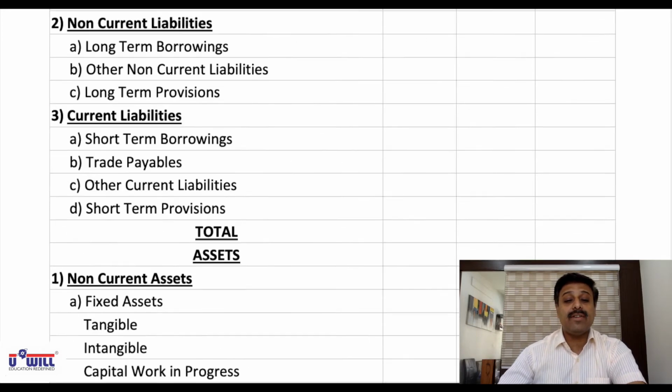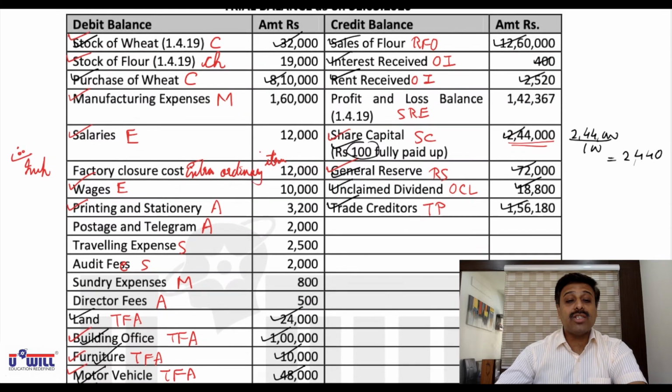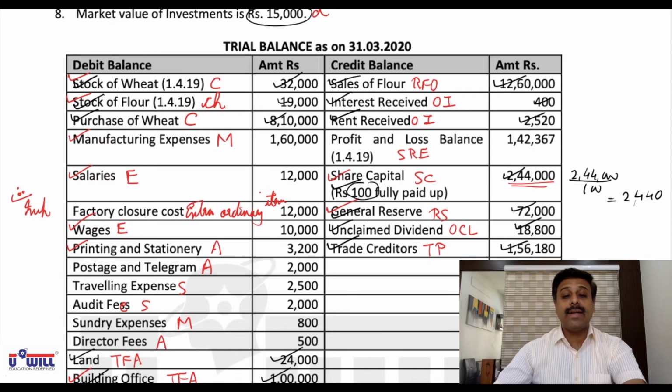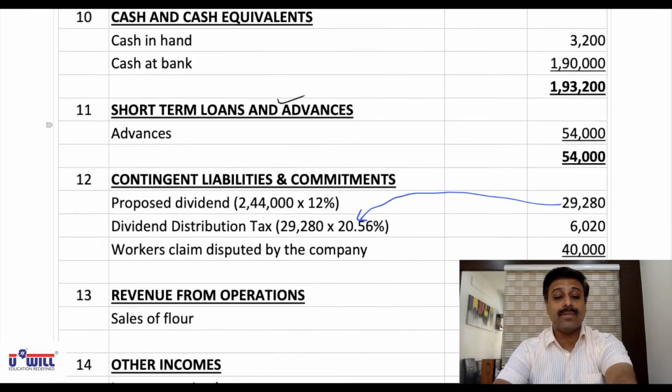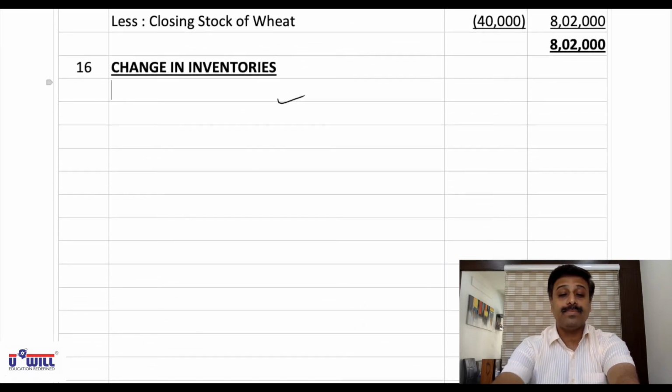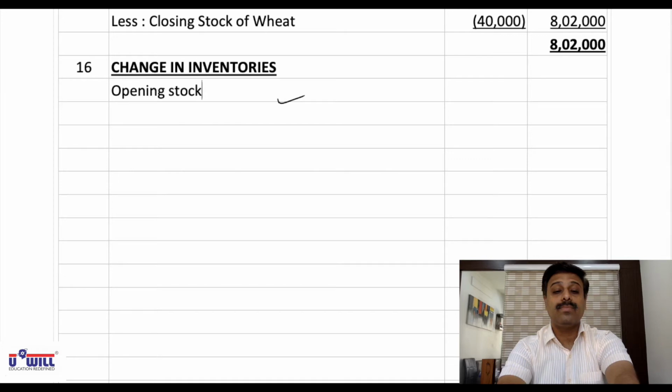So change in inventories. Now in that we will have opening stock of flour, that is 19,000. From that we will minus closing stock of flour.